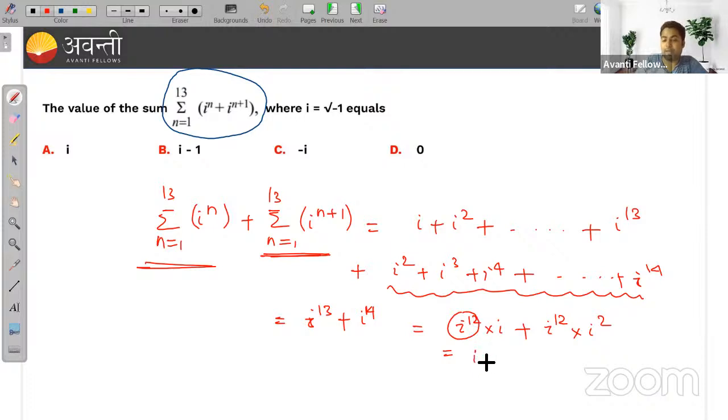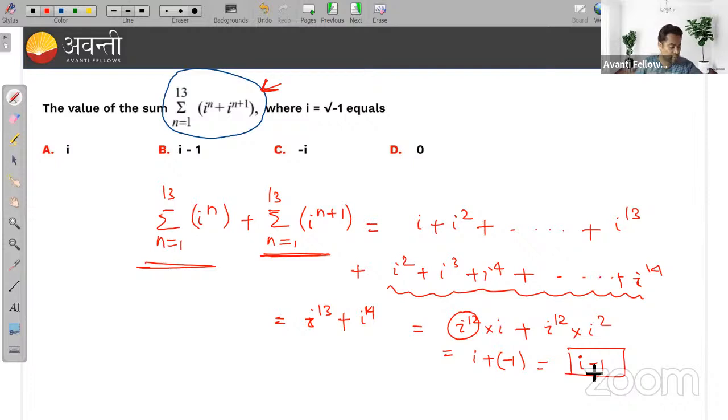So here I am having i, plus i to the power 12 is also 1, we know that, plus i square, and i square is minus 1. So by simplifying, I'm getting i minus 1. So the value of this series, or the sum, is i minus 1.